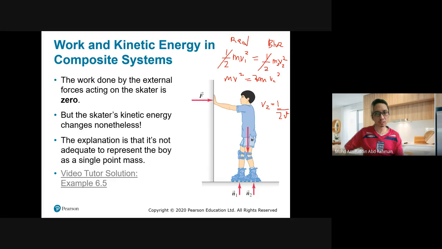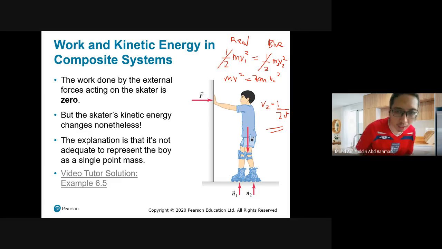So this is the speed of the blue boat. So that's the speed of the blue boat. It has the slower speed compared to the red boat.